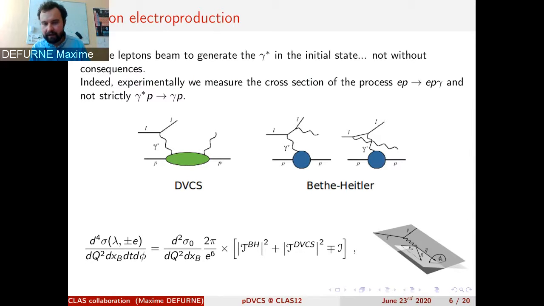This angle phi is the angle between what we call the leptonic plane, defined by the scattered electron and the virtual photon, and the hadronic plane, defined by the virtual photon and the real photon that is emitted. So our goal is to measure the cross-section of photon production, if possible differential in these 4 kinematic variables: Q squared, Bjorken x, t, and phi.